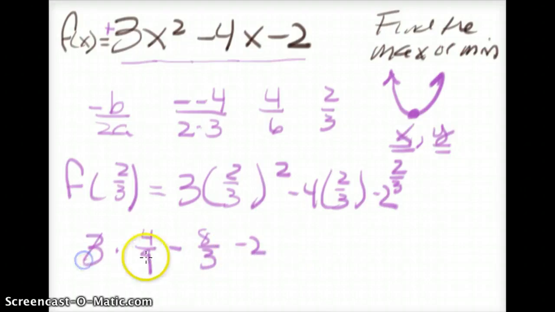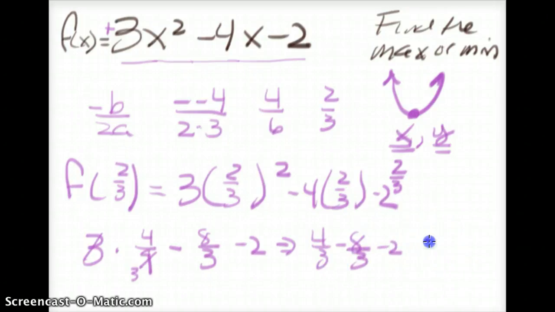Well, this does simplify. That's just going to be 4 over 3. So 4 over 3 minus 8 over 3 minus 2, which is negative 4 over 3 minus 2, which is, 4 over 3 is 1 1/3, so minus 3 1/3.